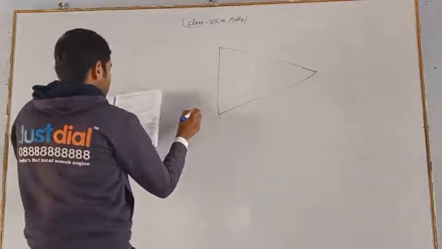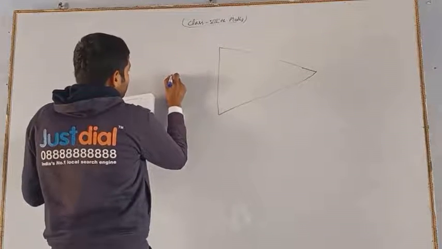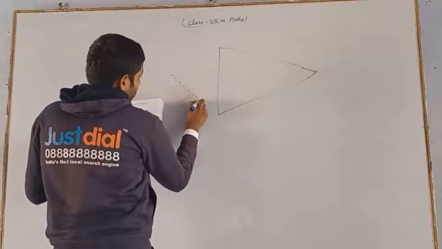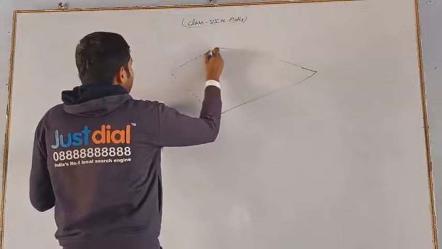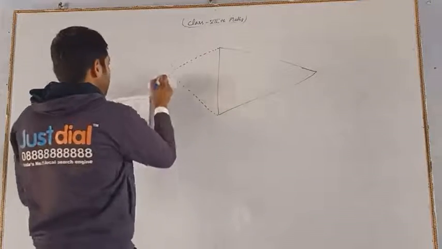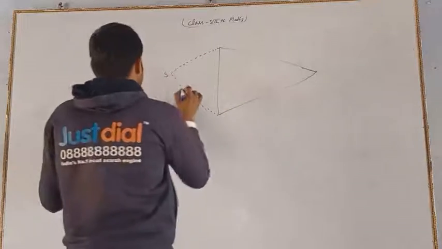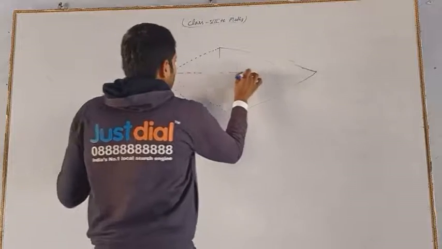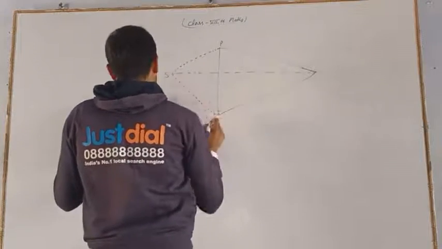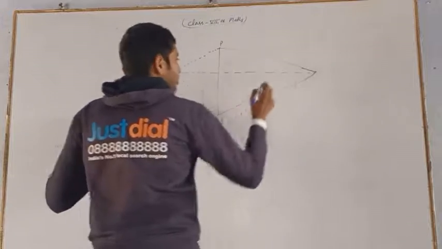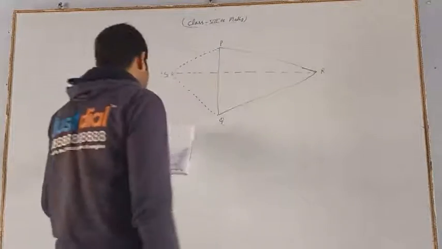In the figure, this point will be S, and this is P, Q, and this is the R point. Okay.